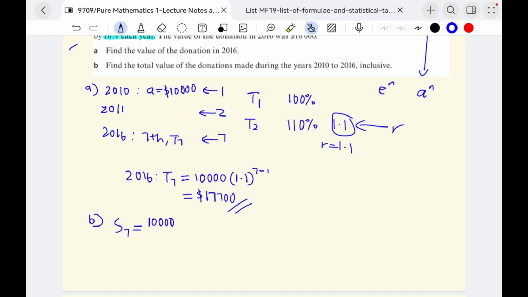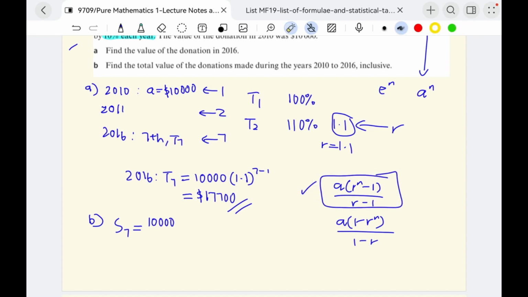You can use either the formula a times r to the n minus 1 over r minus 1, or a times 1 minus r to the n over 1 minus r. It's up to you. I will use this formula because the common ratio is greater than 1. So 1.1 to the power of 7 minus 1, divided by 1.1 minus 1.